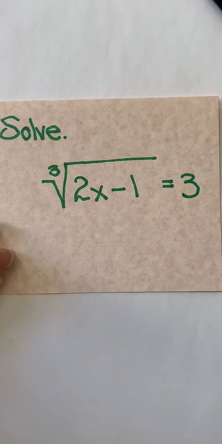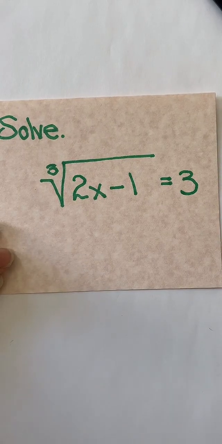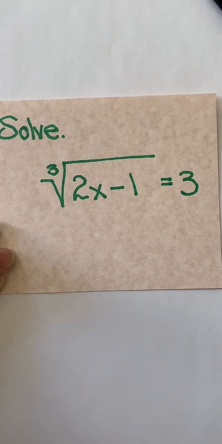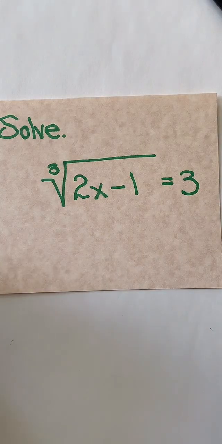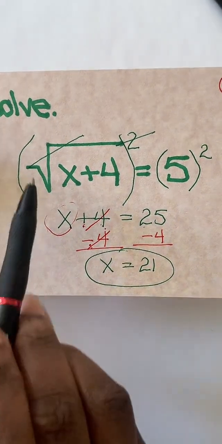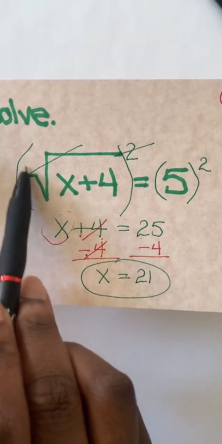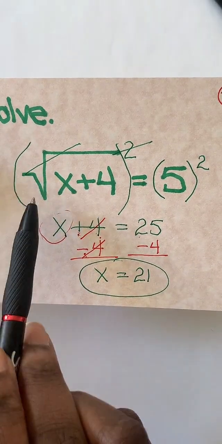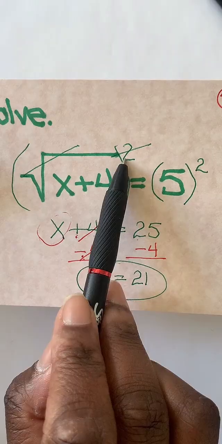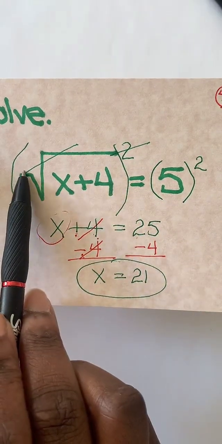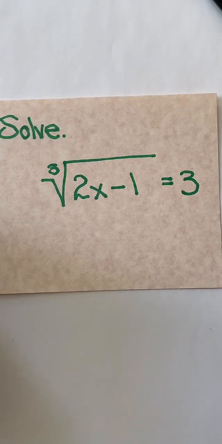Okay. All right, so we are dealing with a cube root. Now, just like what we did before, when we noticed that our index was a 2 for a square root, because we don't have anything like a 1 root, there's no such thing. That means we have to square, right? So with a square root, we square. Guess what we're going to do with a cube root?